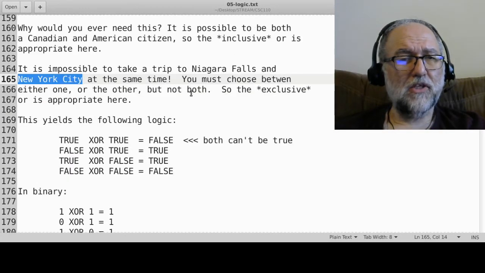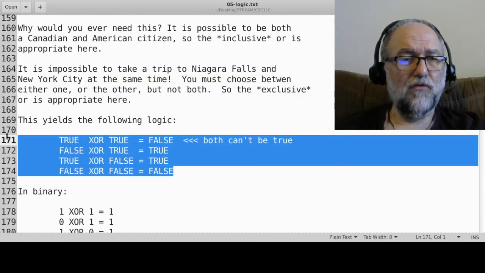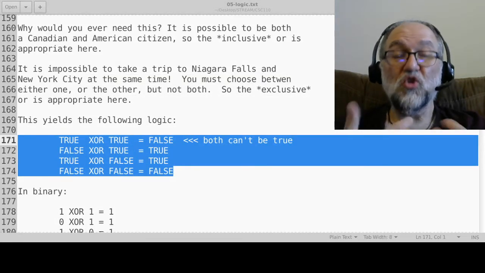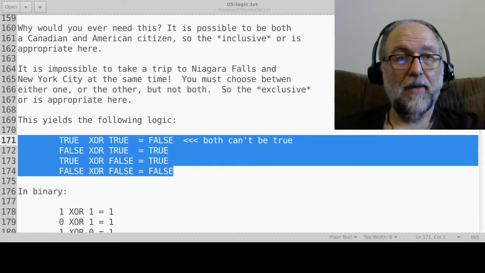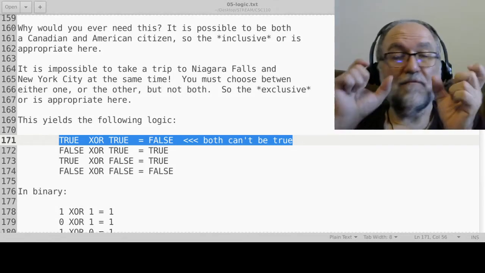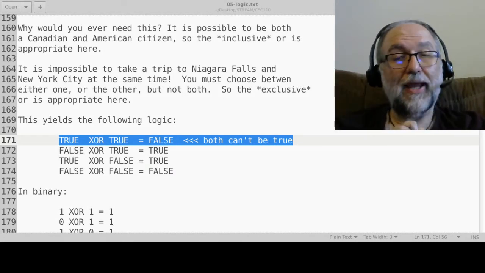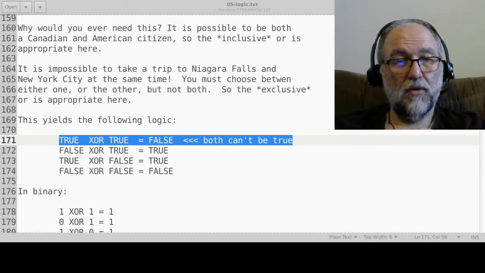And so the way exclusive OR works, without going through examples of sentences, is it looks almost like the OR. Everything looks the same except for this one, okay? You cannot have both sentences being true. If you try to make both sentences true, you're making a false statement because you can't be in two places at once in my example, okay?